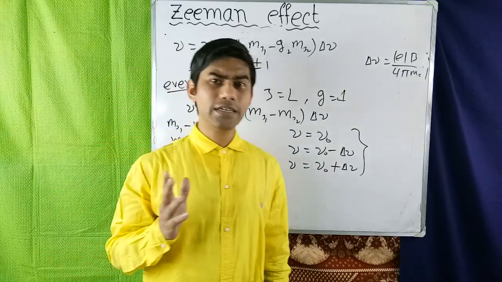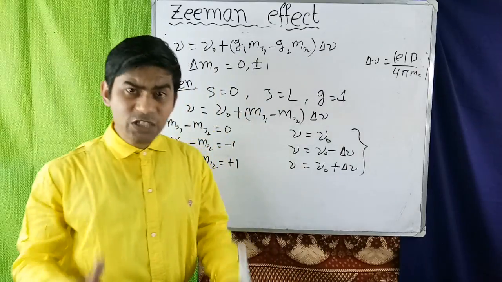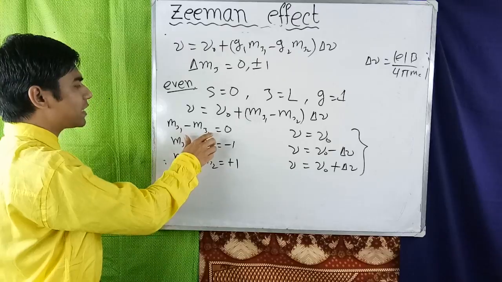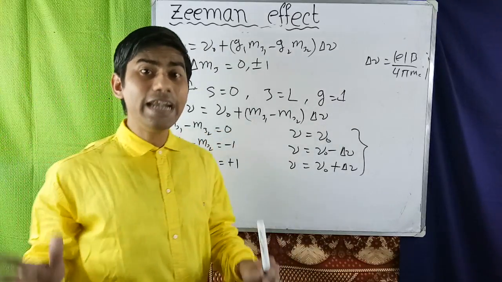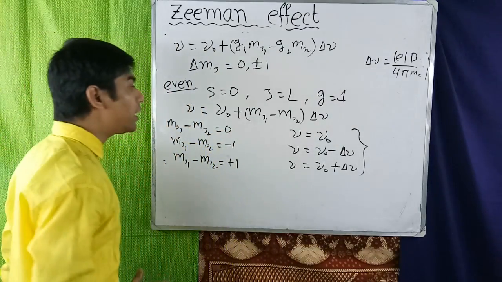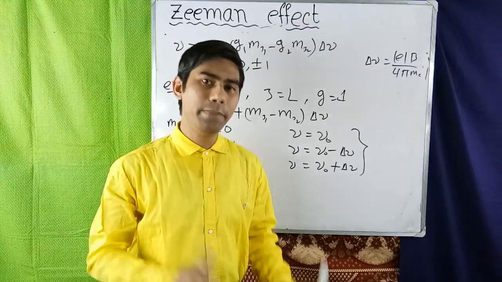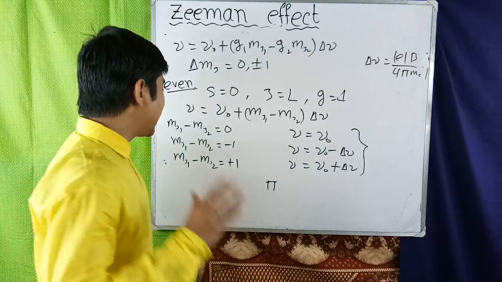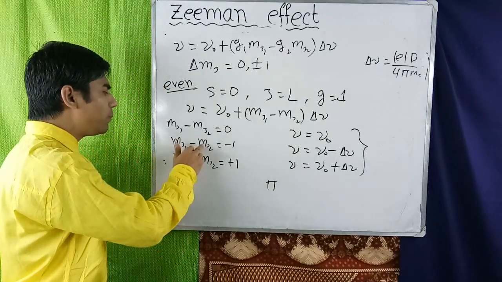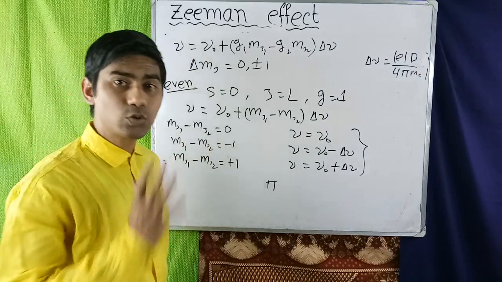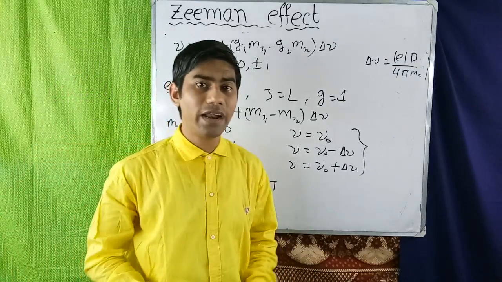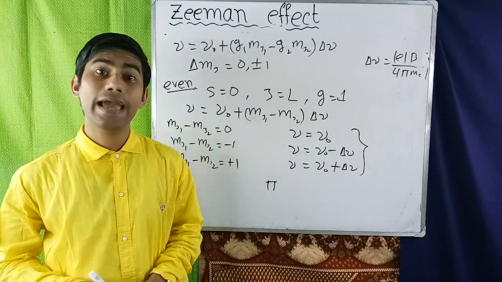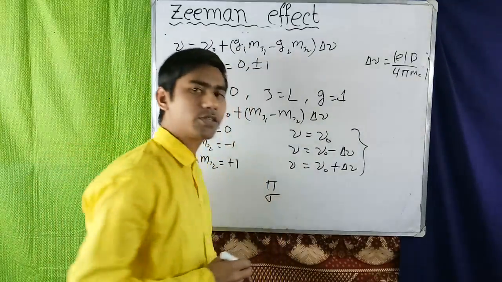Quantum electrodynamics said that in transverse view, a line corresponding to mj1 minus mj2 equals to 0 is linearly polarized with electric vector parallel to the applied magnetic field and are called pi components, and the line corresponding to mj1 minus mj2 equals to plus minus 1 are linearly polarized with electric vector perpendicular to the applied magnetic field and are called sigma components.